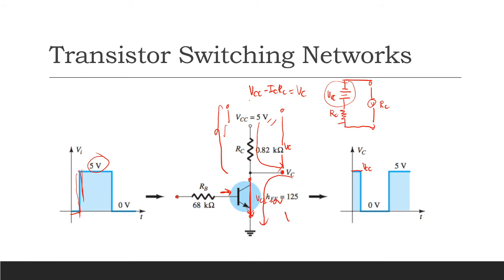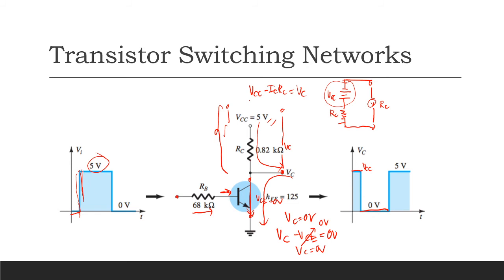So, maglo-loop tayo dyan, we will have VC is equal to 0. Kasi, to be exact, VC minus VCE is equal to 0 volts. But assuming na yung VCE natin is equal to 0 volts, we will have VC is equal to 0. So therefore, kapag may input na current dito, ang output mo is 0 volts.